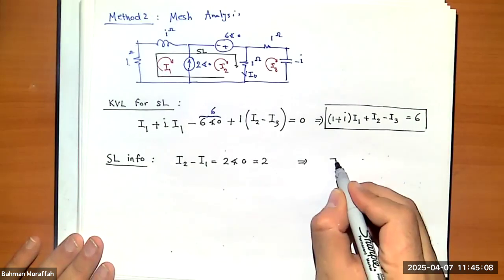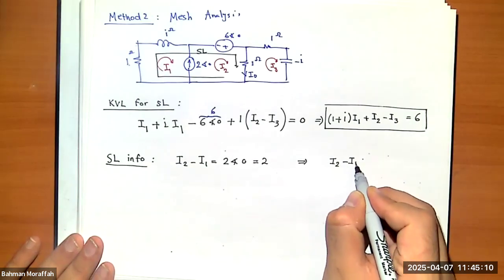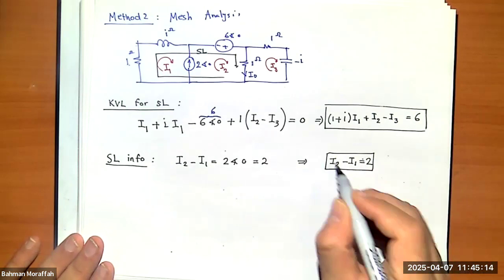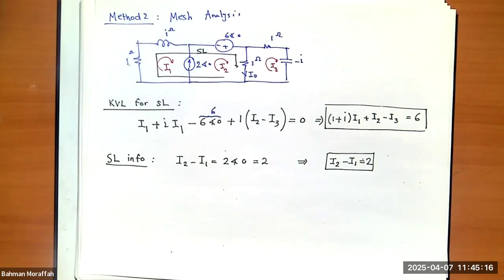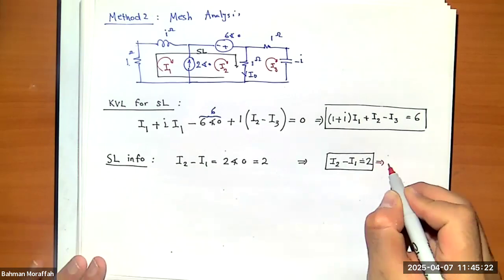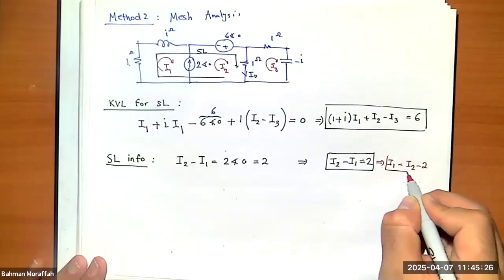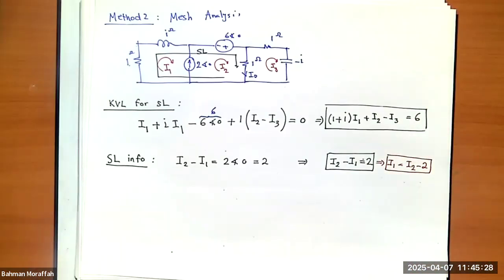So I have I2 minus I1 equals 2. Do you agree I can find I1 from here? I1 is I2 minus 2.